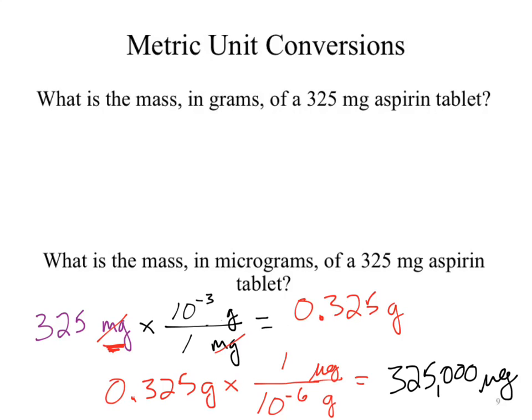So if we want the answer in scientific notation, is this answer in scientific notation? No. So now what we'd have to do is go back to the question that Thor had brought up when we looked at, I already forgot what problem we were looking at. I think that was the milligram one. If we want to now convert this answer into scientific notation, what do we have to do? 3.25.